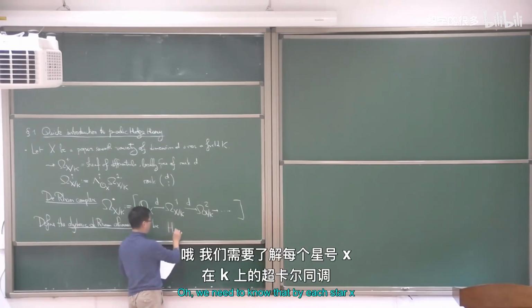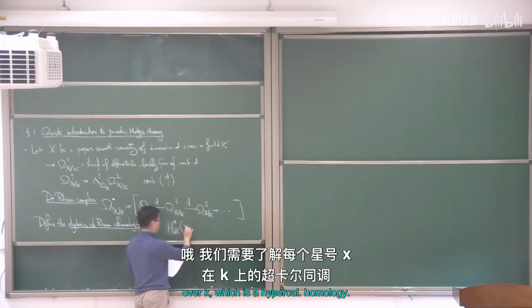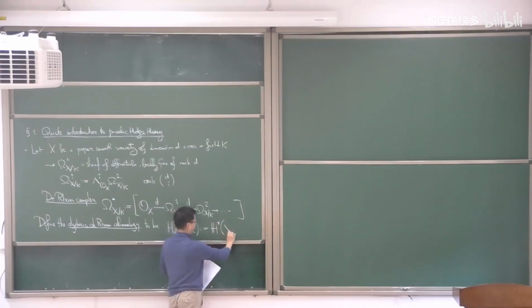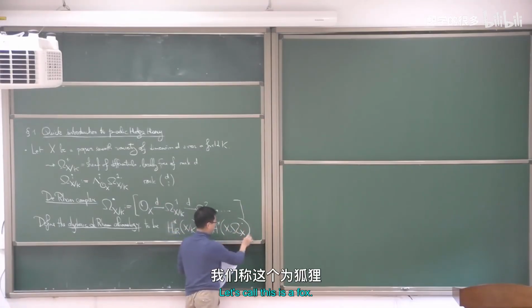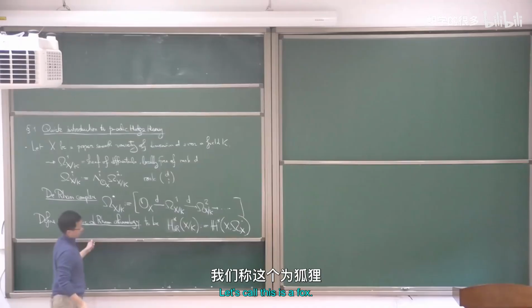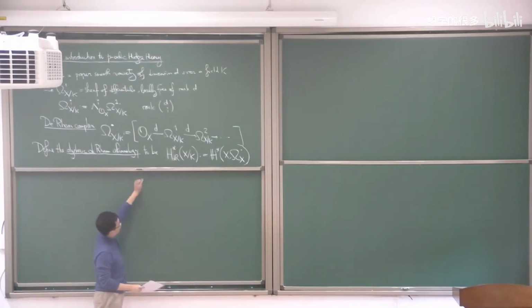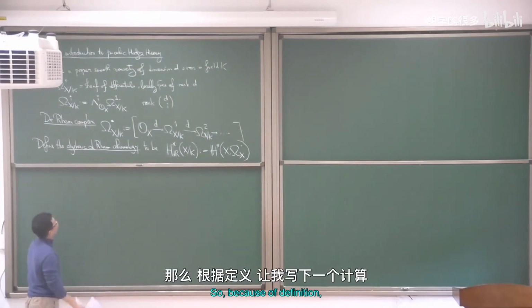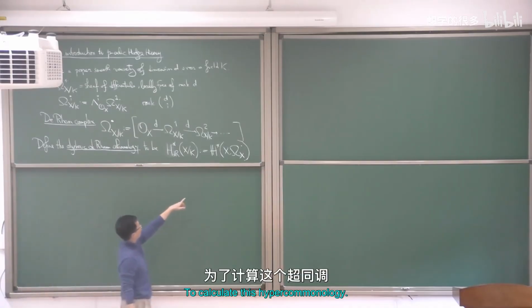We denote that by H_dR^*(X/k), which is the hypercohomology of this complex. Okay, so because of the definition, let me write down a way to calculate this hypercohomology.